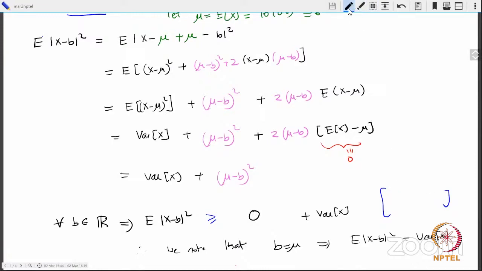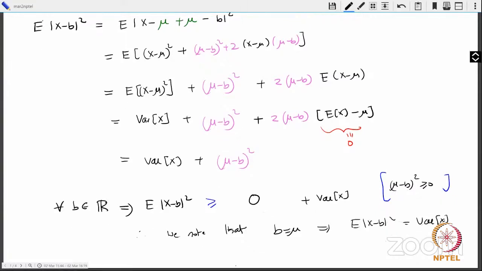Here I made a mistake. It's (mu minus b) whole squared that is non-negative. So E of (X minus b) whole squared is always going to be at least the variance of X. But when b is equal to mu, this quantity is equal to the variance of X. So the minimizer is at b equal to mu.